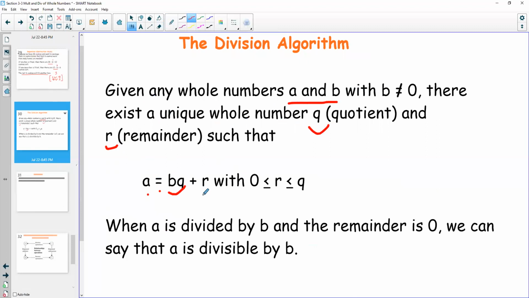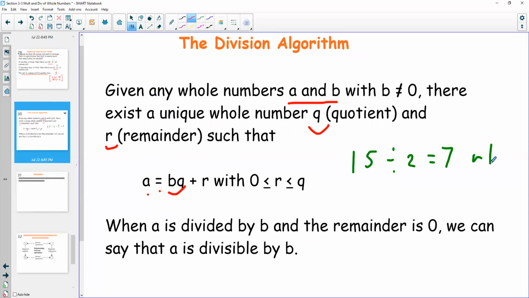Because if you think about it, say I want to divide 15 by 2. Not everything is going to come out equally, right? I might have 15 cookies and I want to give every friend 2, and I'll have 1 left over to give my mom because she likes cookies.